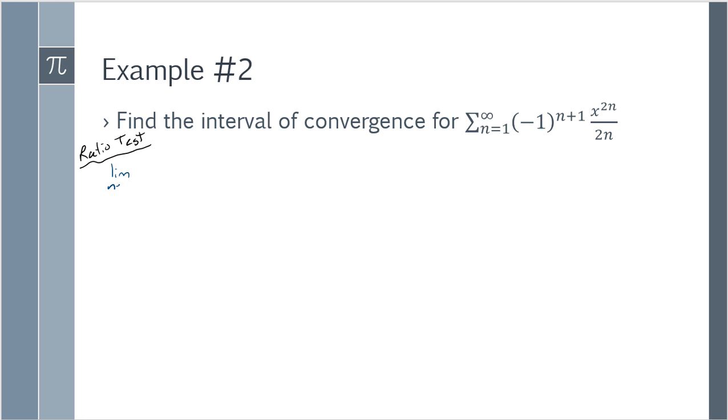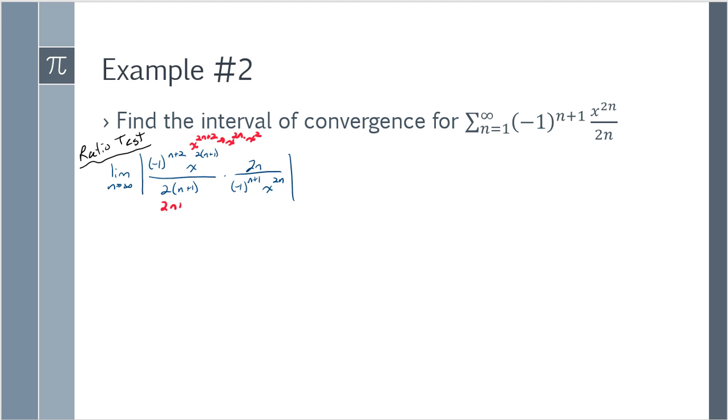So we're doing the limit as n goes to infinity of the absolute value of (-1)^(n+2) times x^(2(n+1)) over 2(n+1), and then I'm going to multiply by the reciprocal right off the bat: 2n over (-1)^(n+1) times x^(2n). Well, x^(2(n+1)) is x^(2n+2), which is x^(2n) times x squared.